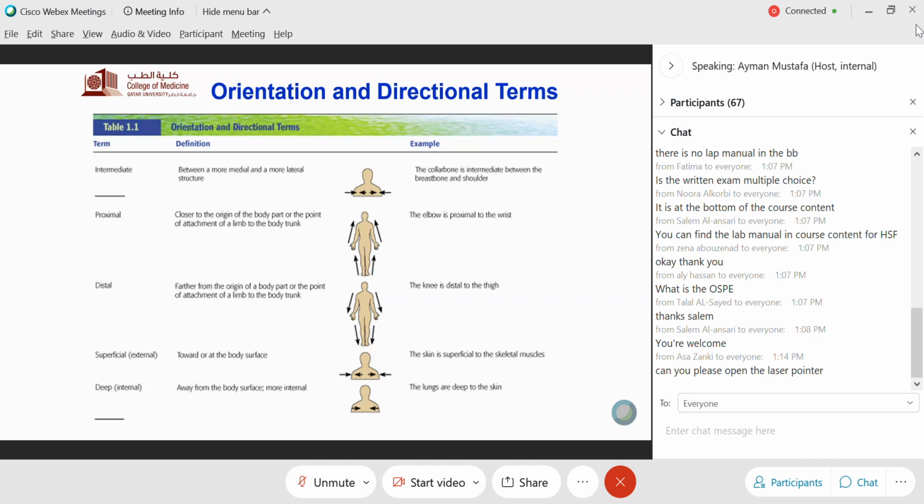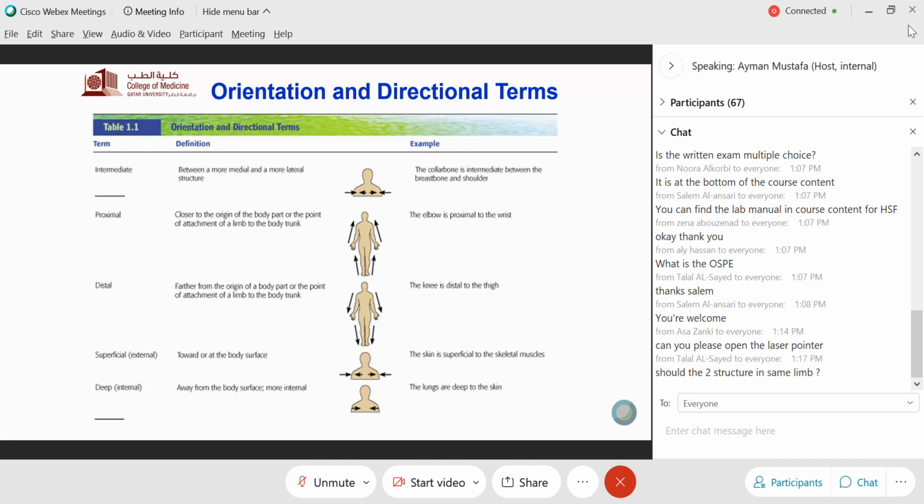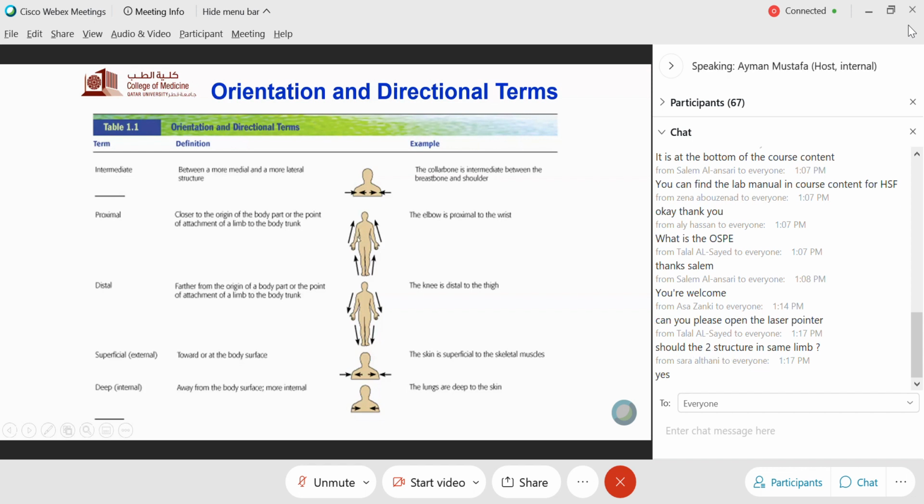The structure which is away from the root, we will call it distal. For example, the elbow is proximal to the wrist. The wrist is the joint of your hand. So the elbow is closer to the root. So we're going to say the elbow is proximal to the wrist.